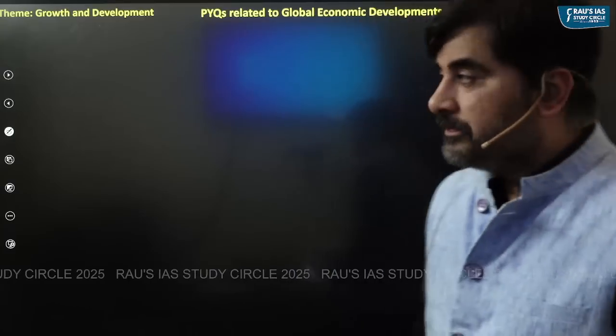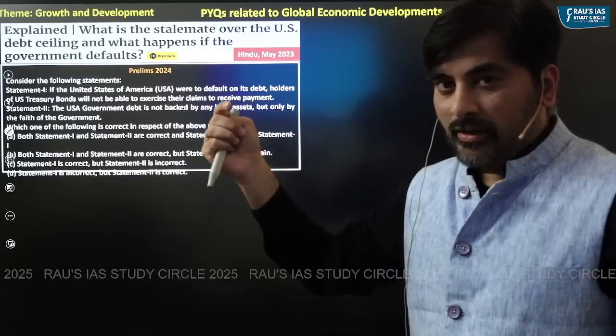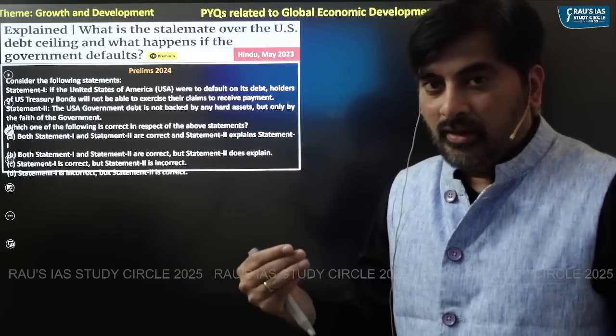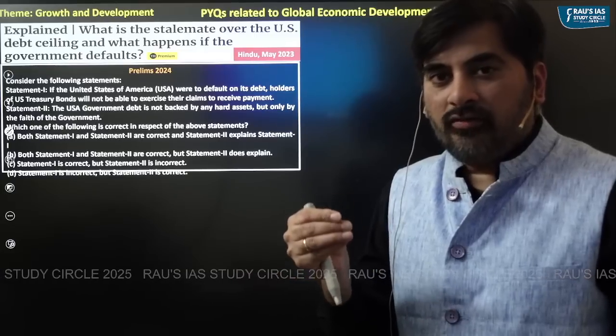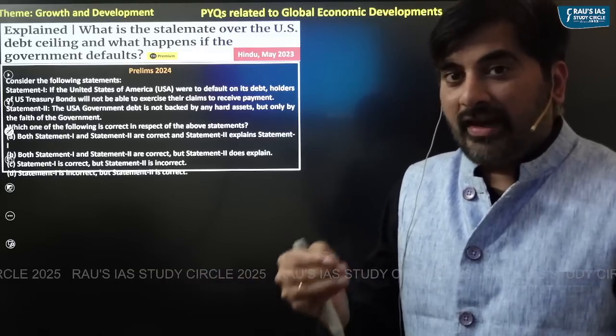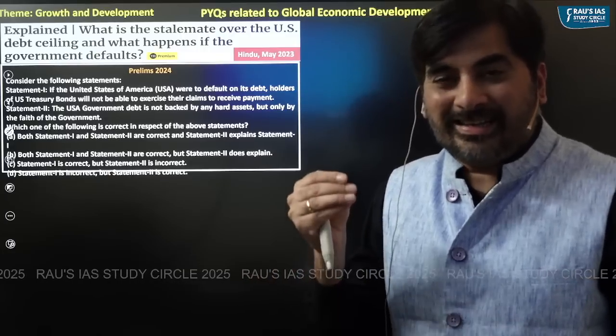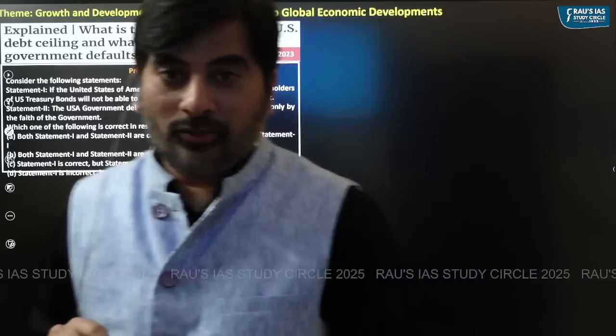For example, in prelims 2024, you had this particular question about what would happen if the US government defaults on repayment of its borrowings. This question was asked in the wake of the US debt ceiling crisis, which was in the news in May 2023.